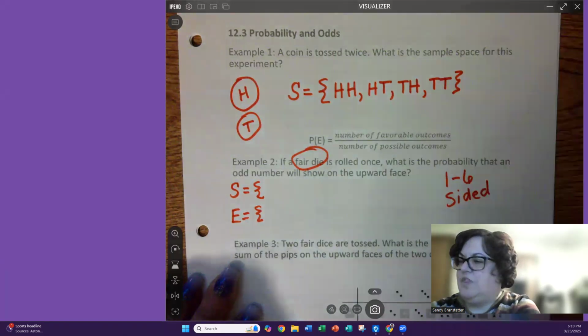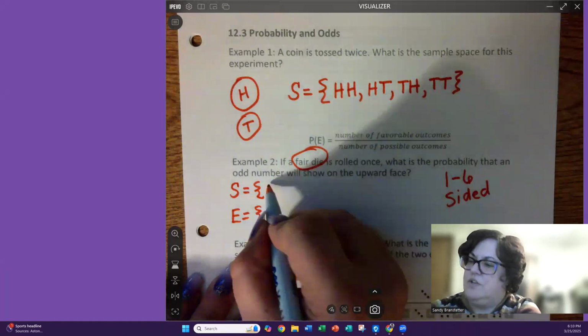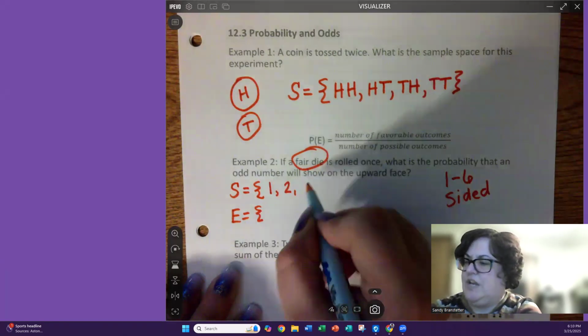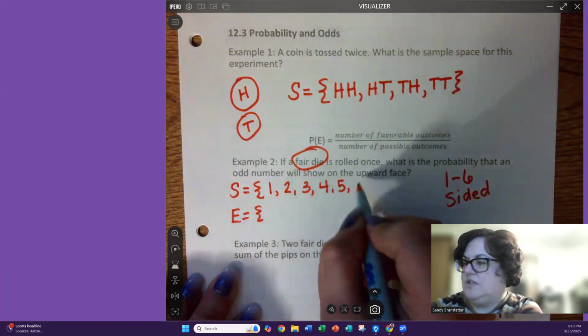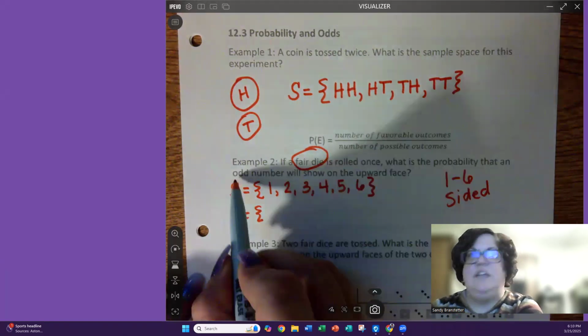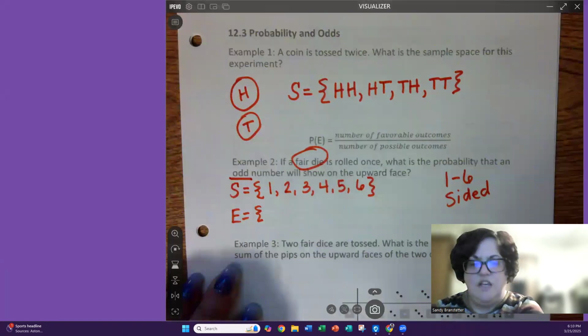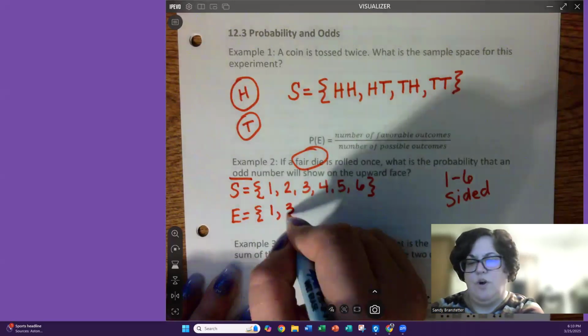So as we're thinking about this, our possible outcomes are 1, 2, 3, 4, 5, or 6. And then if we think about odd numbers, that's the event. That would be the numbers 1, 3, or 5.